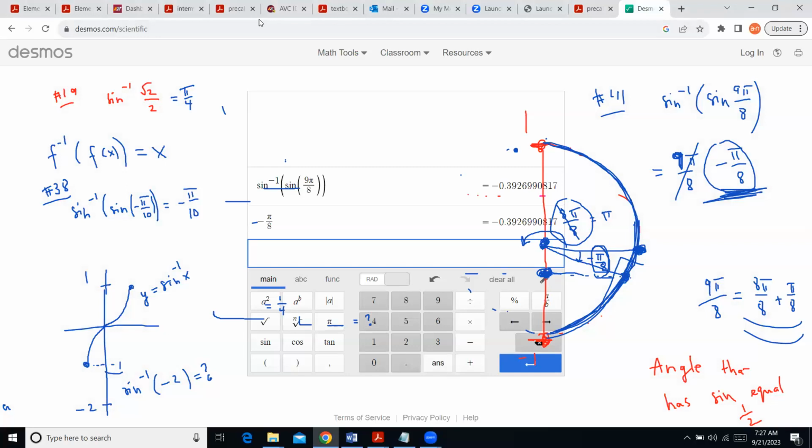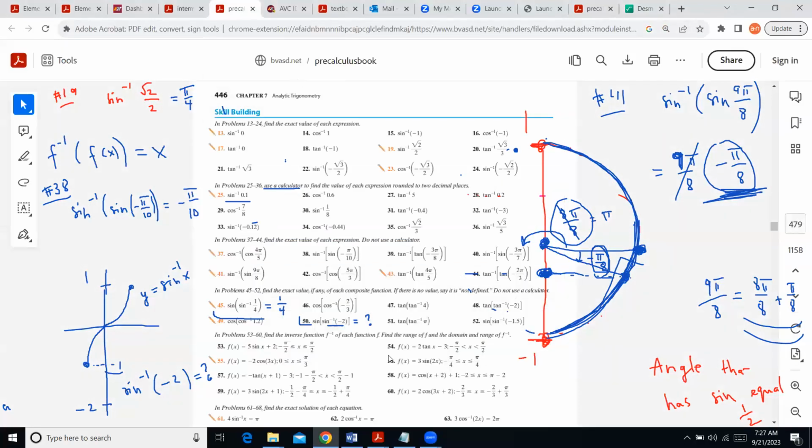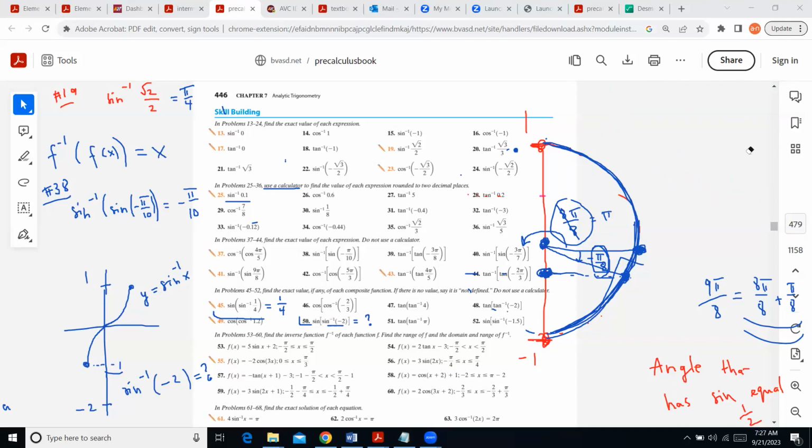What was the question? Let me copy this so I can better see this. Number 50. So exercise 50 says take sine and apply it to arcsine of -2.